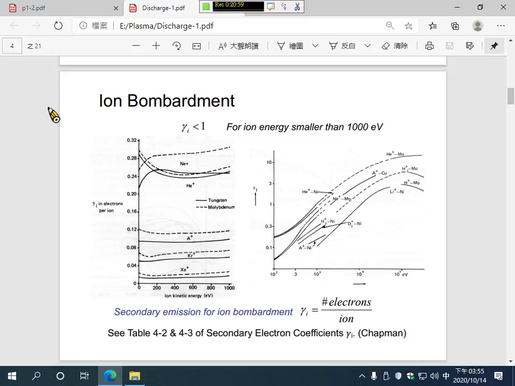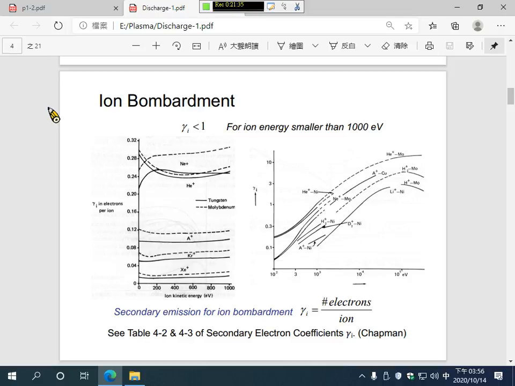So in a regular DC discharge system, you can apply a voltage of a few hundred volts, right, to generate plasma. And the potential, the voltage difference, will be limited to a space near the cathode. So this layer is named the cathode layer, right?